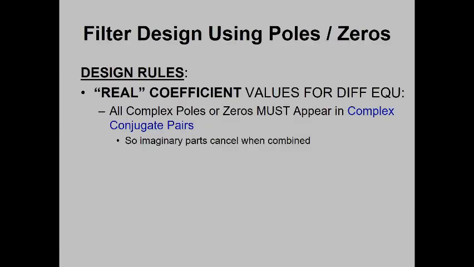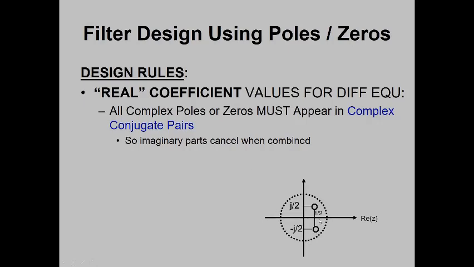Now, I alluded to this before, but it is also a design rule that if I want my difference equation to have real valued coefficients, like y of n equals 2x of n minus 3x of n minus 1, if I want those a_k and b_k coefficients not to have any j's in them, then if I have a complex polar zero, I have to have its complex conjugate as well, so that the imaginary parts will cancel each other out when we recombine them to get the coefficients of the difference equation.